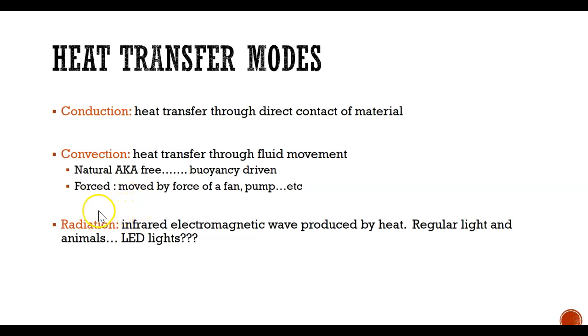The other means is radiation. It's infrared electromagnetic waves produced by heat. If you heat something to a high temperature for a long period of time, you will have electromagnetic waves coming out of it, and they transfer as heat. And this is the infrared heat.